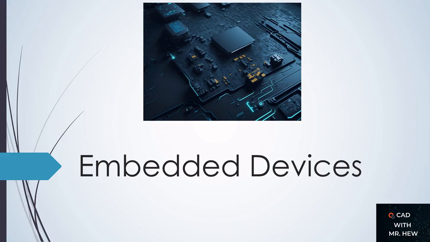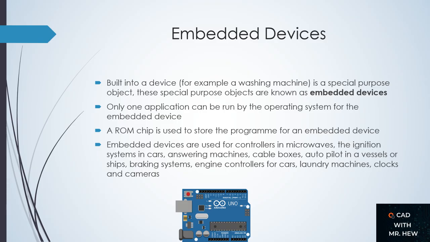Embedded devices. Let's now look at embedded devices. Built into a device, for example, a washing machine, is a special purpose object. These special purpose objects are known as embedded devices. Only one application can be run by the operating system for the embedded device.